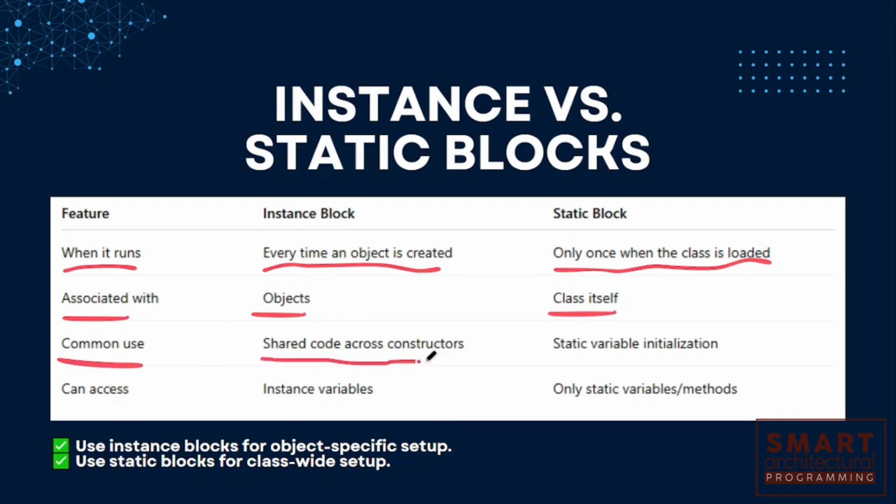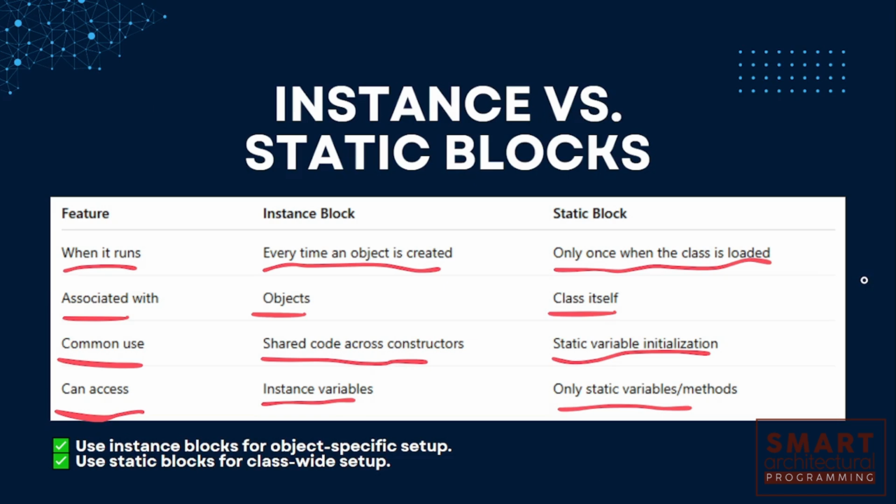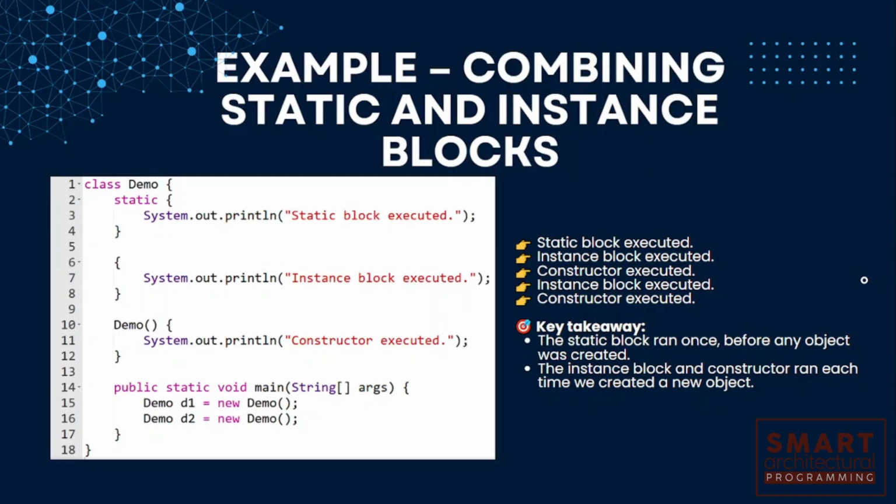They share code across constructors, while static blocks do static variable initialization or run configuration files. What can they access? Instance blocks can access instance variables, while static blocks can access only static variables or methods. In summation, you only use instance blocks for object-specific setup and use static blocks for class-wide setup.